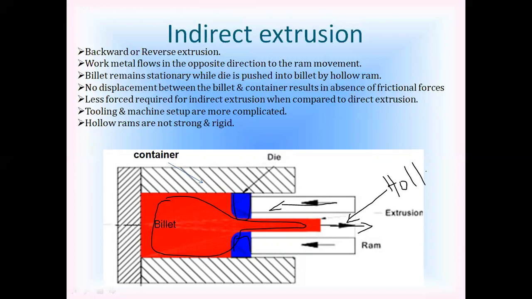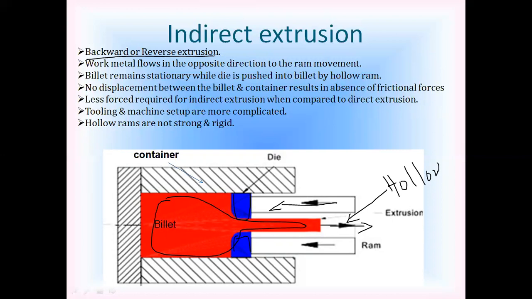That is the reason that when the force is applied through one end, the extruded material comes out through the other, through the hollow part in the opposite direction. So an extrusion process where the work metal flows in the opposite direction to the ram movement, we call indirect extrusion, also known as backward or reverse extrusion.